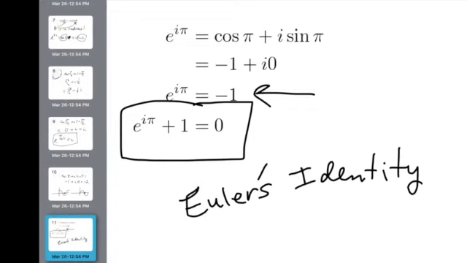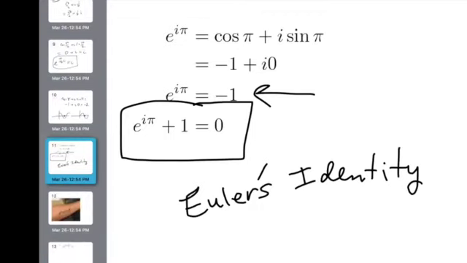And on everybody's list of the most amazing or greatest or most beautiful math equations of all time, this makes every single person's top 10 list. In fact, I looked this up.